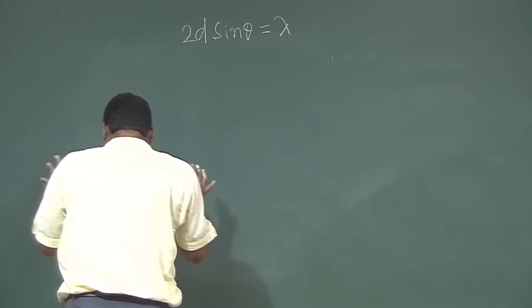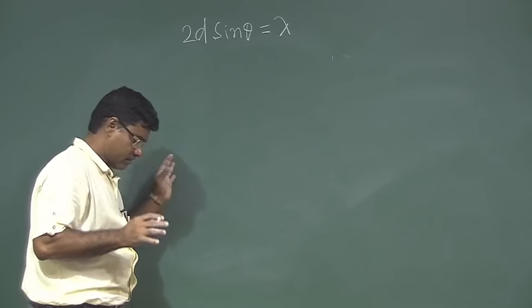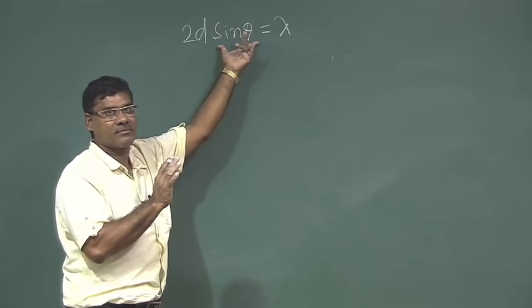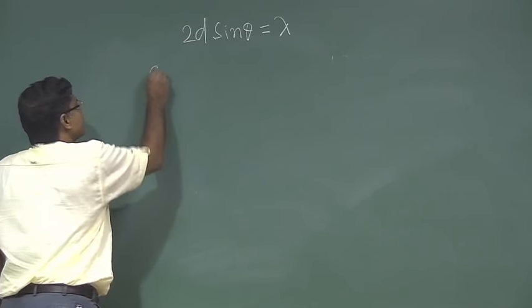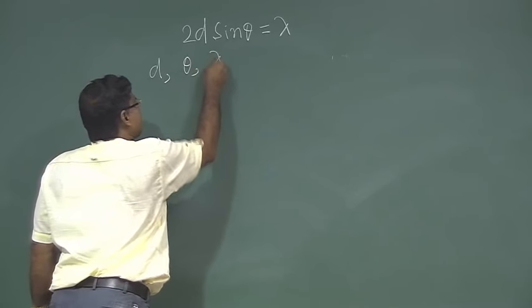Okay. Now, whatever we will get, for that this relation has to be satisfied. So, we have 3 parameters basically here: one is d, one is theta, another is lambda.